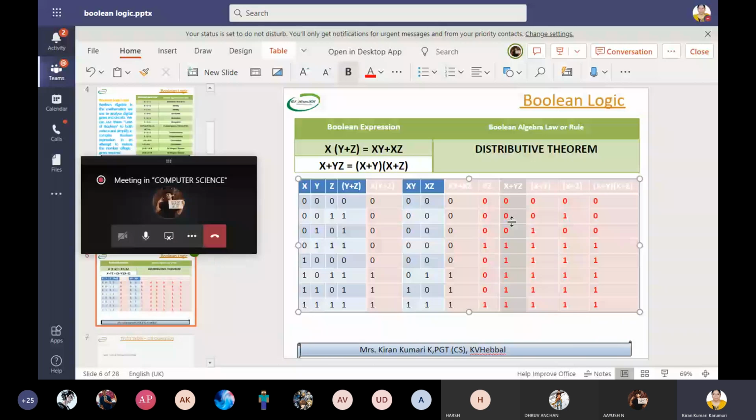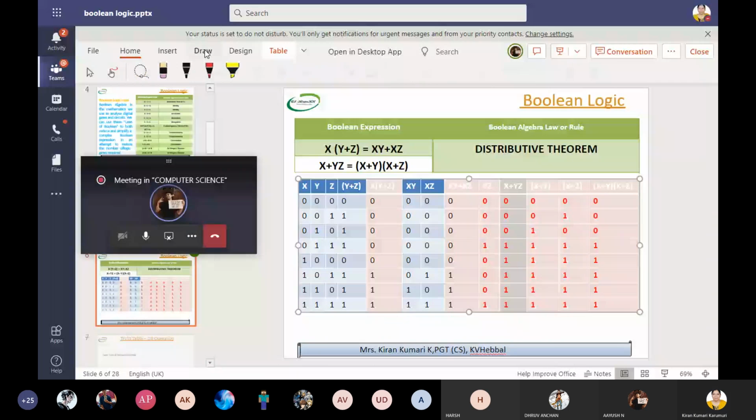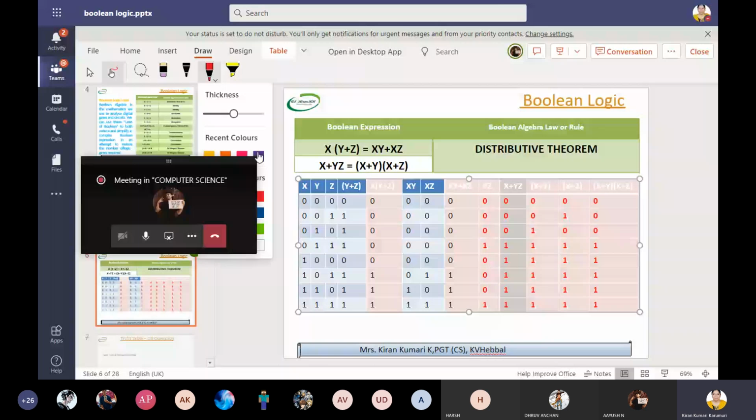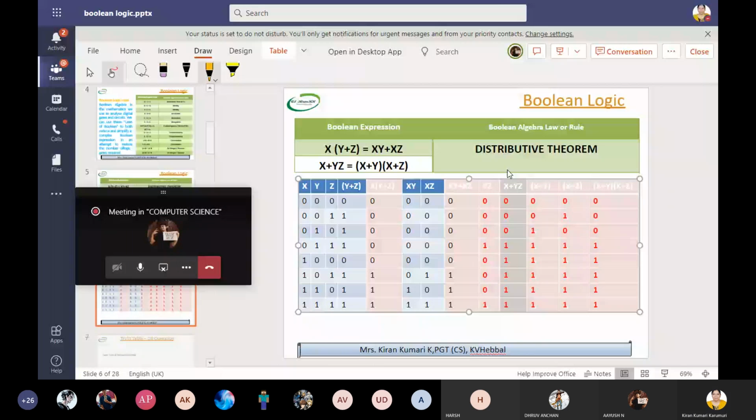Here also triple zero, 5 ones. Okay, so then you just encircle it and mention hence proved. Are you all done? Okay, this column and this column.